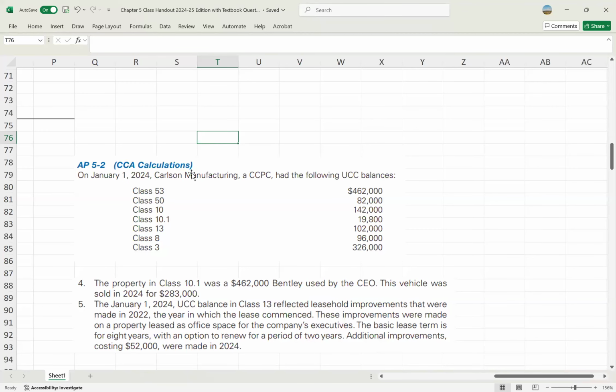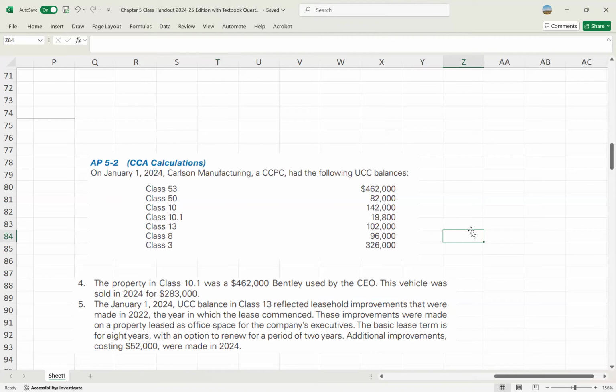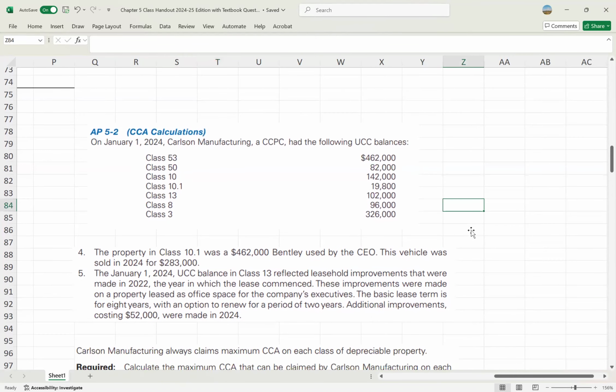And at the beginning of 2024, Carlson Manufacturing had the following UCC balances. One of those balances was for class 10.1, and the balance is 19,800. First, you have 19,800. If we look at the additional information, class 10.1, item number 4, the property in class 10.1 was a $462,000 Bentley used by the CEO.